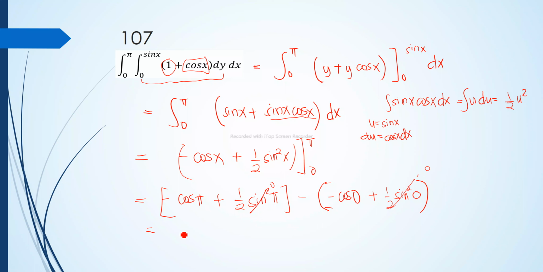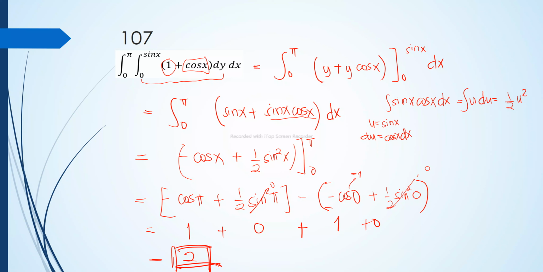Cosine pi is negative 1. Since we have a negative of a negative, that becomes a positive 1 plus 0, minus negative cosine 0. Cosine 0 is 1, and with the negative, that becomes negative 1. The negative of a negative becomes a positive 1 plus 0. Our answer is just equal to 2.